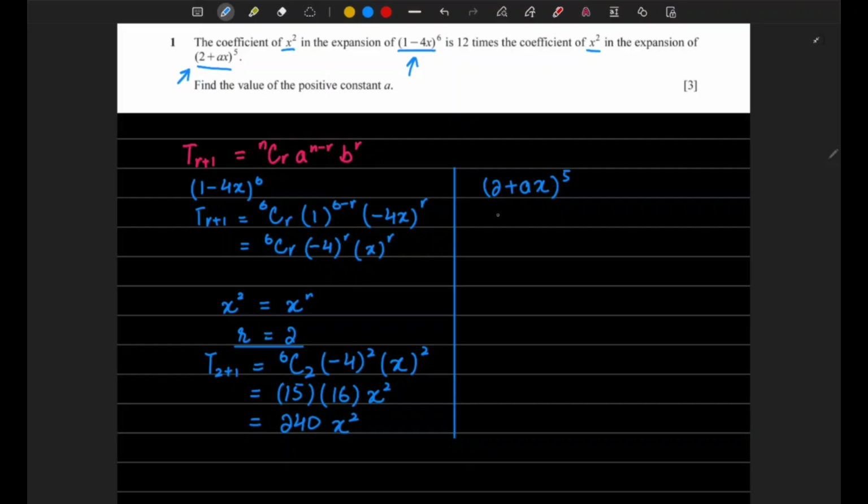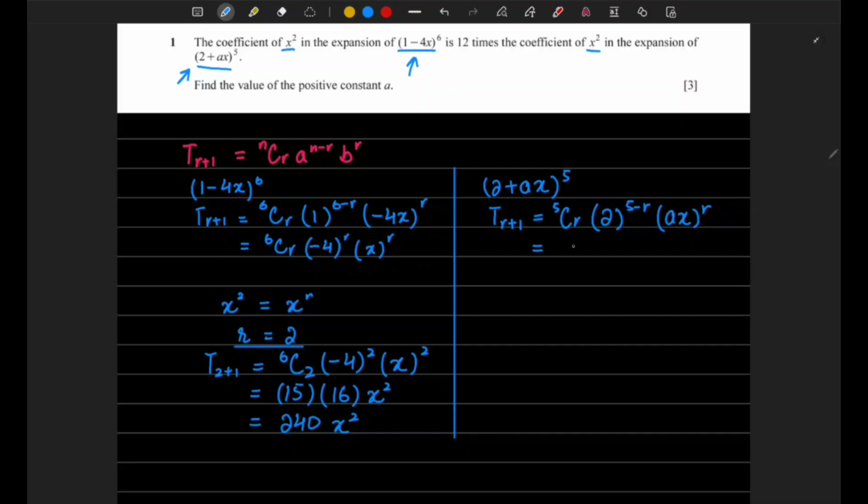Expanding, we again need the x squared term. First we apply this formula because a, b and n are different now. So 5Cr, a is 2 to the power 5 minus r, and b to the power r, that means ax to the power r.